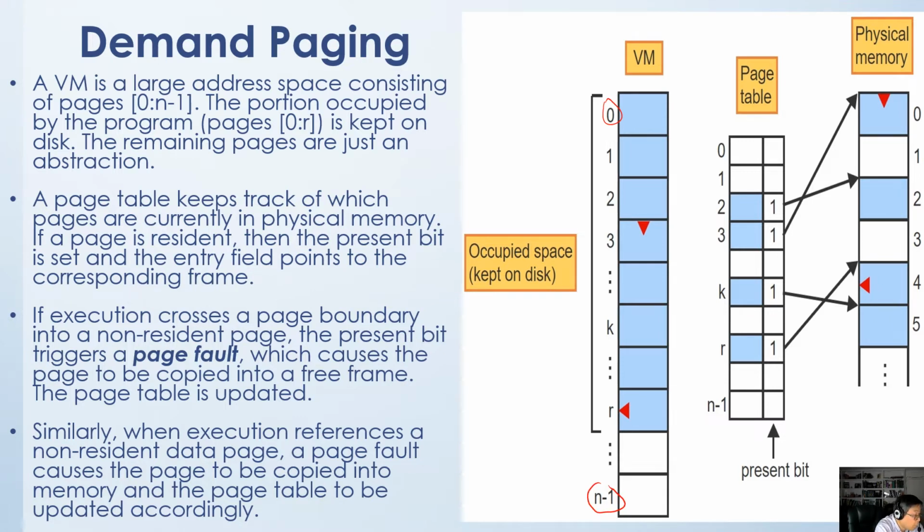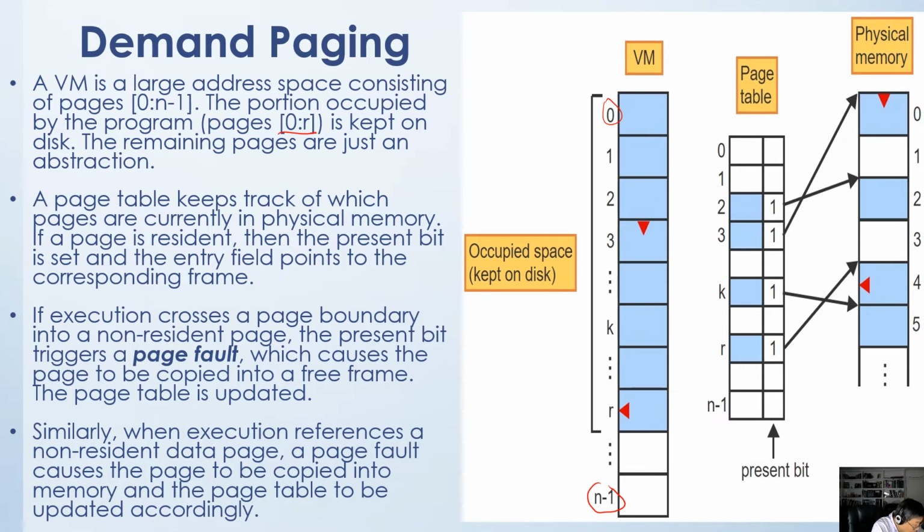And the portion occupied by the program, from page 0 to R, is kept on disk. So we keep this on the physical disk, and the remaining pages are just abstractions. So that means they're there. That's part of the program, but they are not loaded yet.